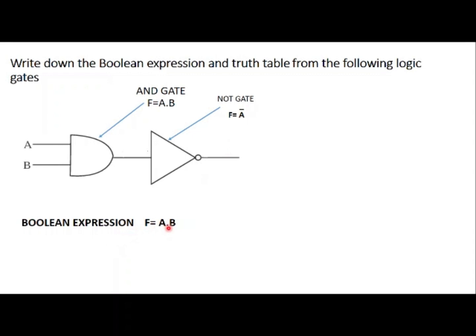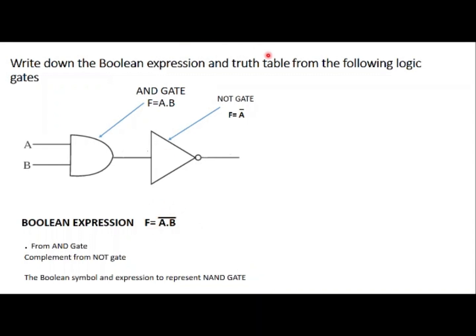It will be F equals A dot B from the AND gate and then the complement from the NOT gate. If you see this Boolean expression, it represents the NAND gate. If you remember the Boolean expression of the NAND gate, the same Boolean expression is here.